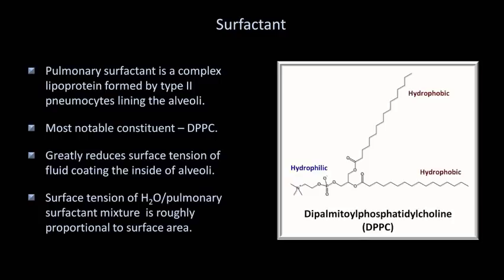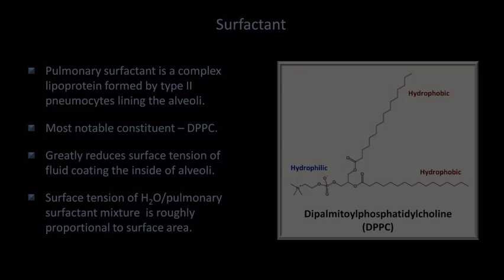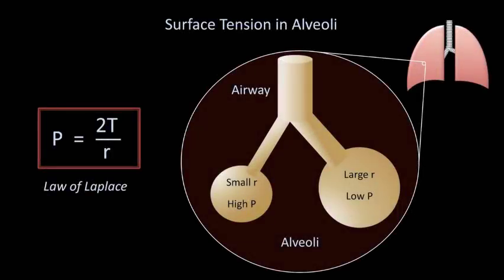In other words, the power of surfactant to lower surface tension is most pronounced when the alveoli are smaller than when they are distended. Here are our two alveoli again, but the smaller one no longer has a relatively high internal pressure compared to the larger one. Instead, surfactant lowers the surface tension in the large alveolus by a modest amount, while it lowers the surface tension in the small alveolus by quite a bit.